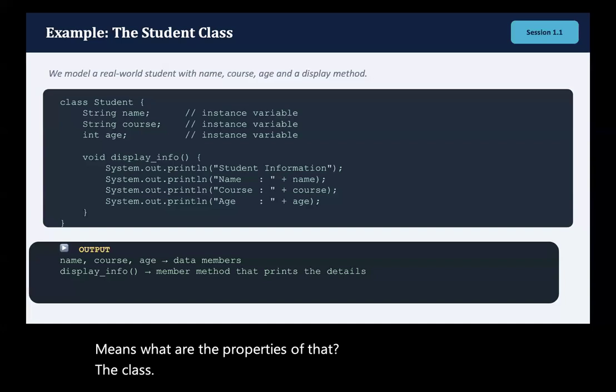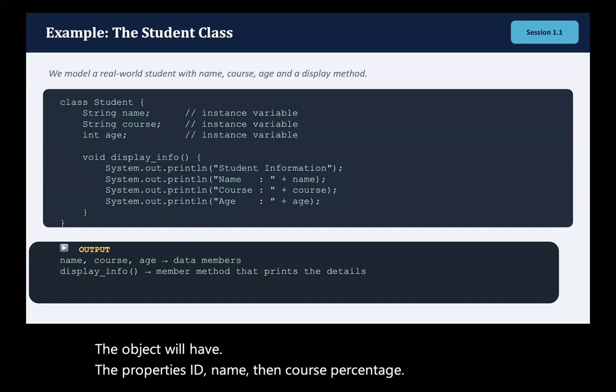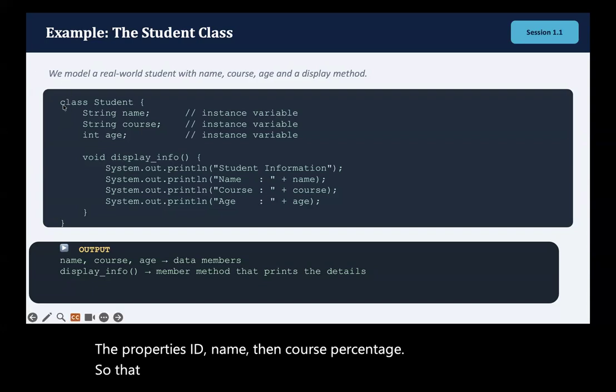If I take a student, the object will have properties like ID, name, index, course, percentage. Those properties I have to declare first.